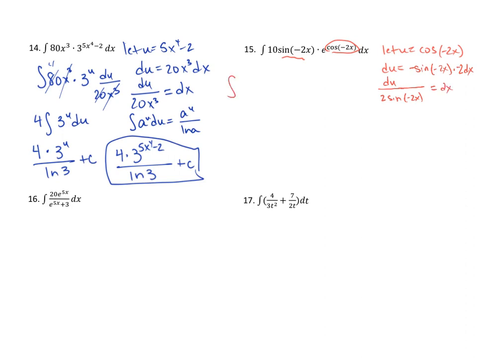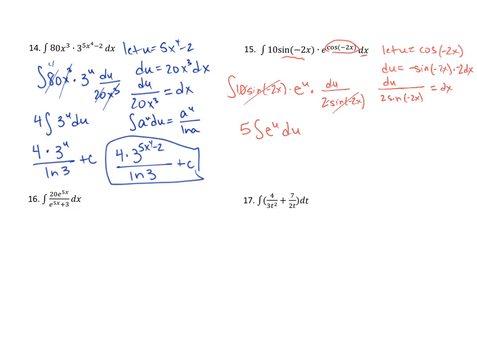Now let's substitute that in. I end up with 10 times sine negative 2x times e to the u times the du over, because I'm substituting in the dx, 2 sine negative 2x. That reduces with that, so I end up with 5 integral e to the u du.